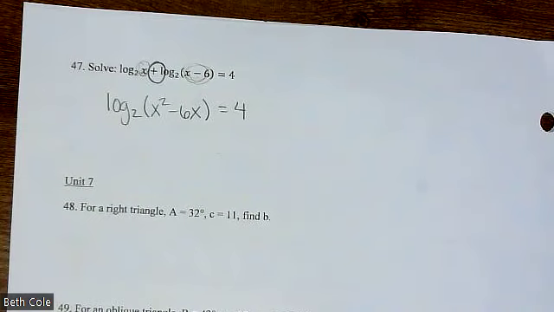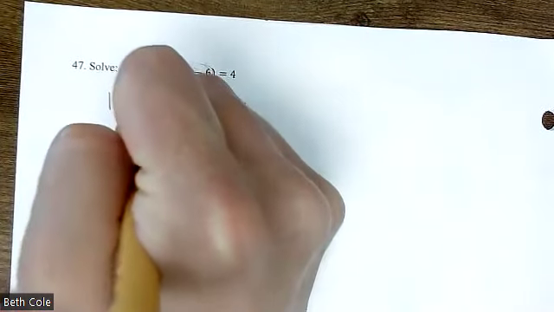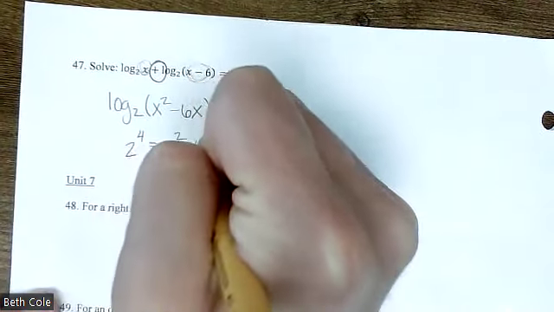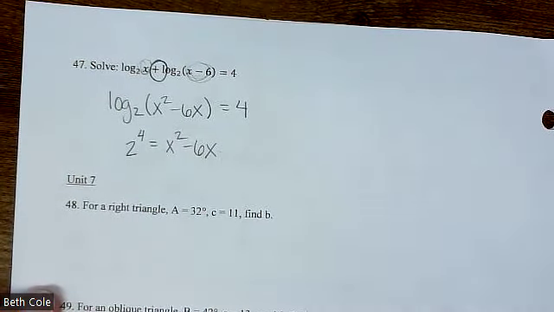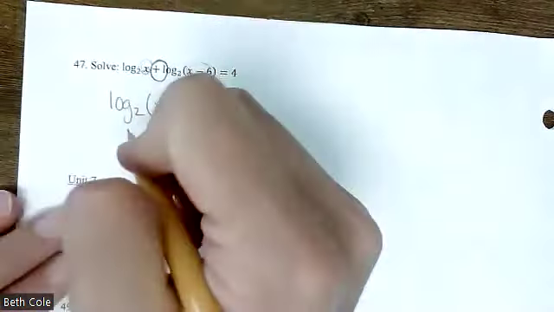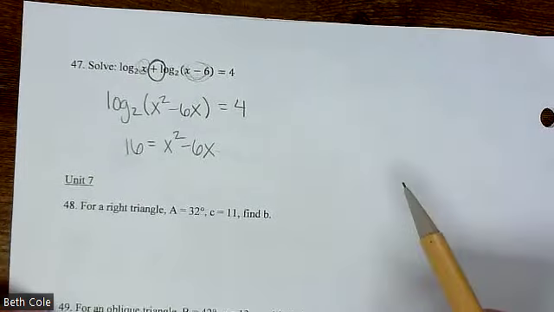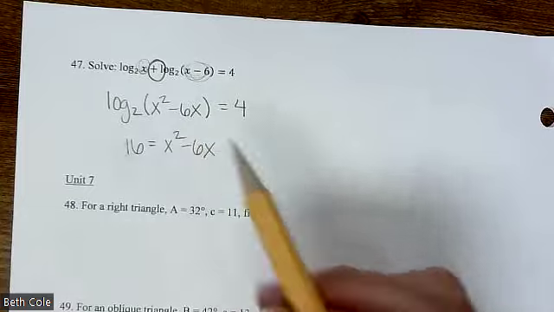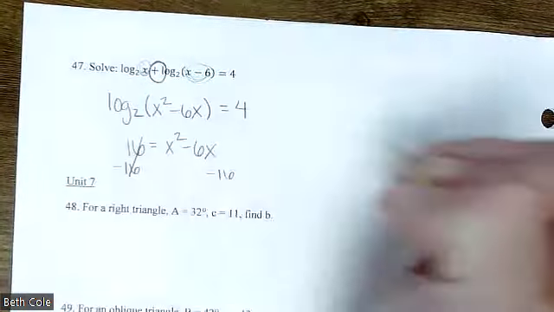I'm stuck again. So what's the base? 2 to the 4th power equals all of that. Again, you're allowed a calculator, but does anyone know 2 to the 4th? 16. Good job. Do you guys remember when we did that Pascal's triangle thing and we expanded all those? We went up to 6. Does anyone remember 2 to the 5th? 32. All right, now how do you handle this since there's a squared? You're going to minus over the 16 so that it all equals 0.